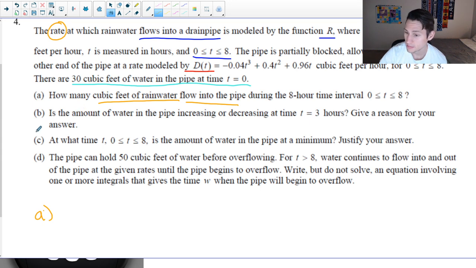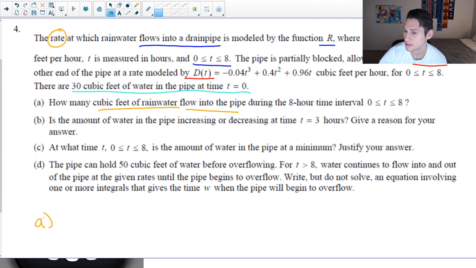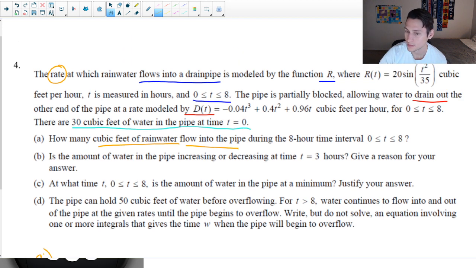That's not what I meant. I meant rainwater. Come on, help me out. What do I do? I have a function that tells me the rate of the rainwater going in.